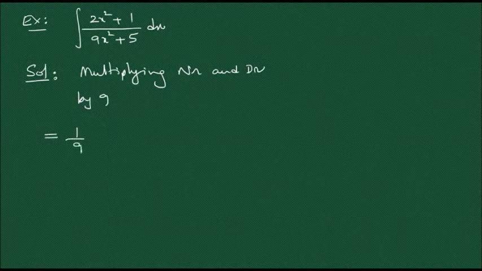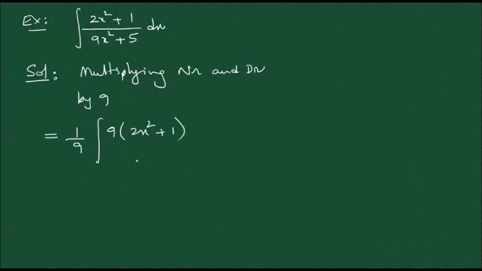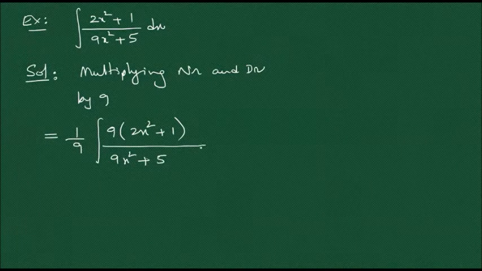1 by 9 times integration of 9 into 2x square plus 1 by 9x square plus 5 dx.